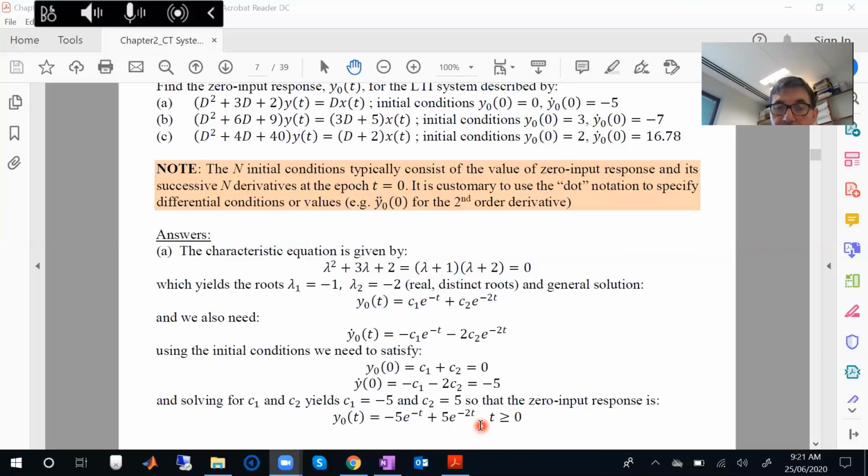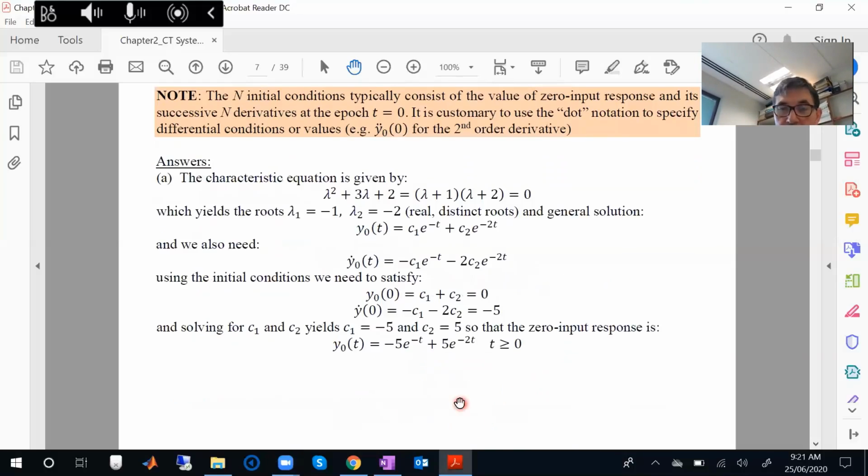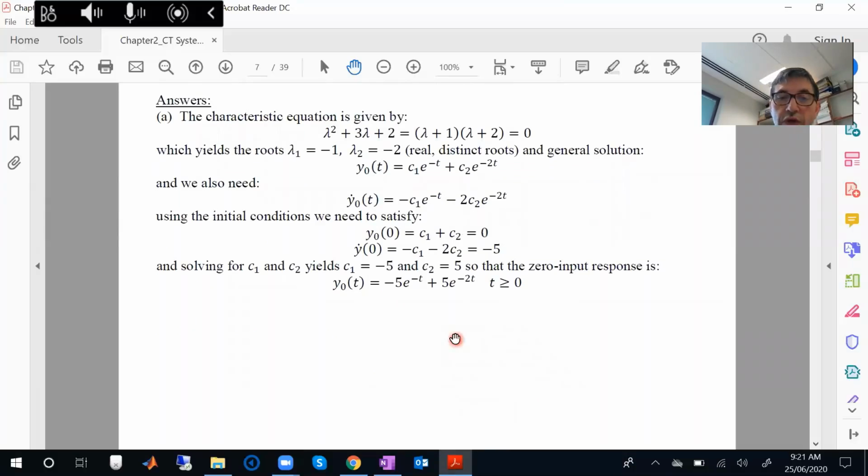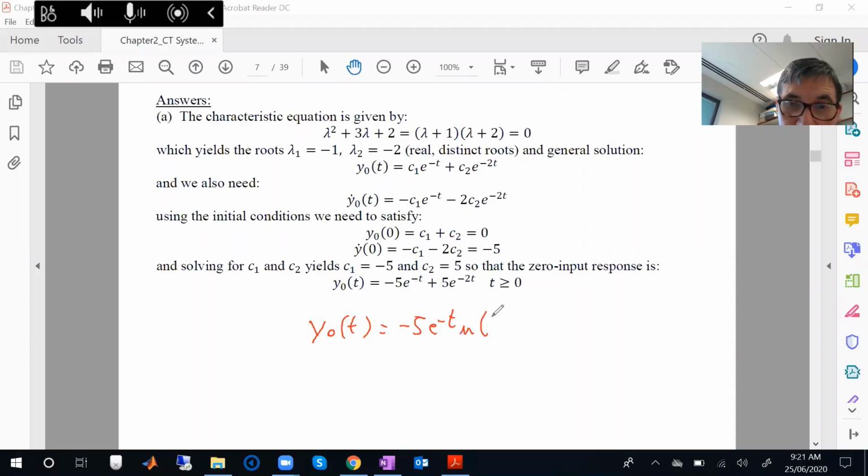Sometimes in the test and exam, in the tutorials, we could have it in this form here. Let me put my drawing tool. The form could be this. We have used the unit step. Remember what the unit step was?